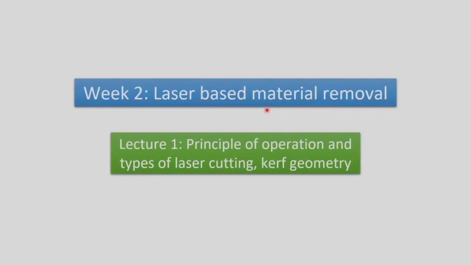In this week, we will be focusing on material removal processes, how lasers are used to remove the excess material or specific material from the work part, so that we can generate our desired cavities, desired shapes, desired features for the intended application in manufacturing.